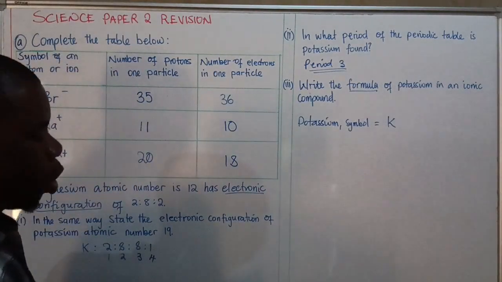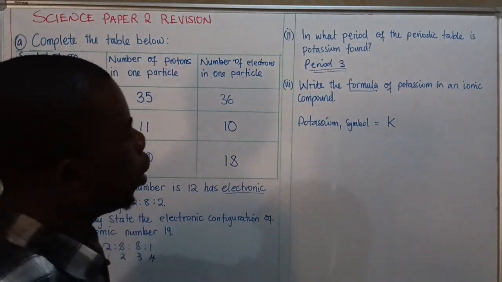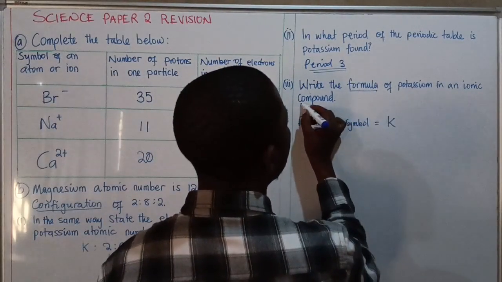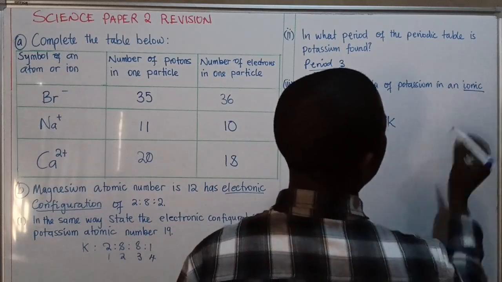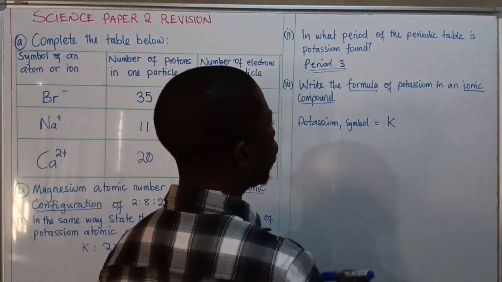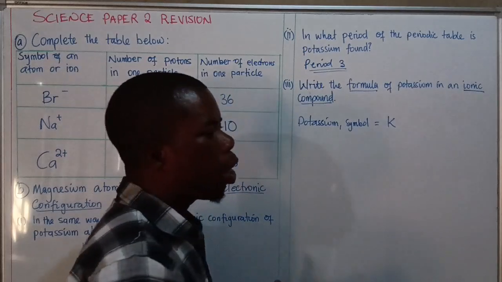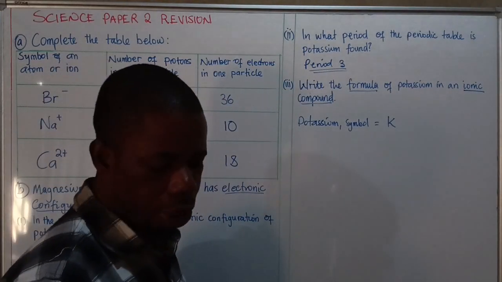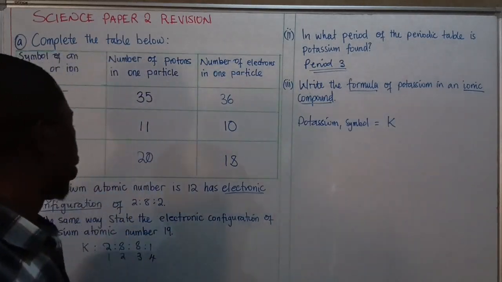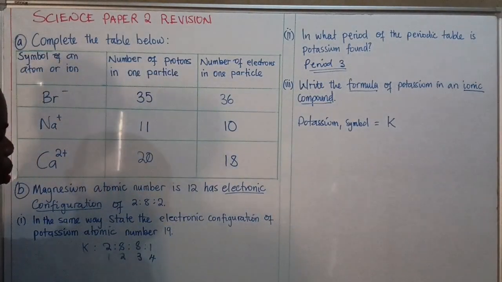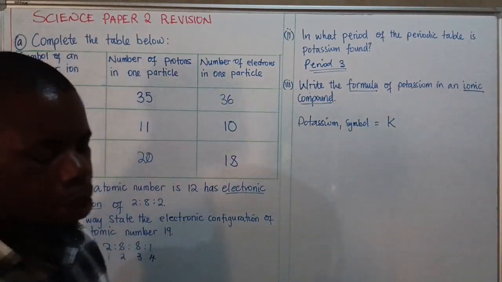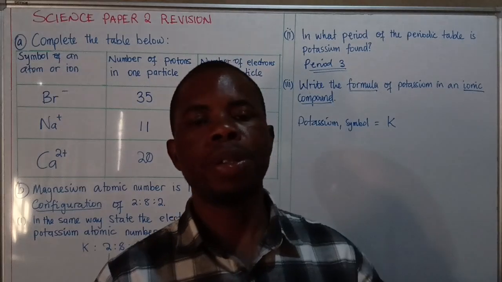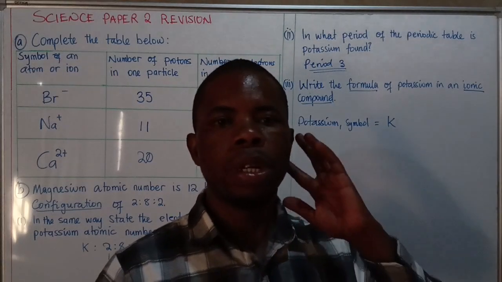Now, because they are saying we find its formula in an ionic compound, it means that when potassium reacts to form a compound, give us the formula. When elements react, they form compounds that are stable.